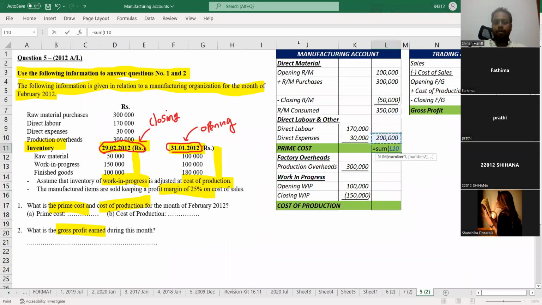Prime cost 5. Cost of production is 800.